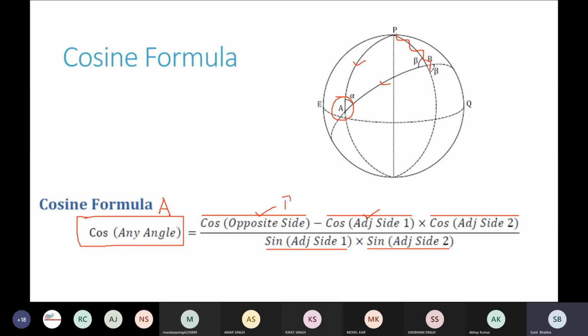So for opposite side, we will have PB, minus cos of adjacent side 1, that is PA, into cos of adjacent side 2, that is AB, divided by sine of adjacent side 1, that's PA again, and sine of adjacent side 2, that is AB again. So this is how the formula is applied.